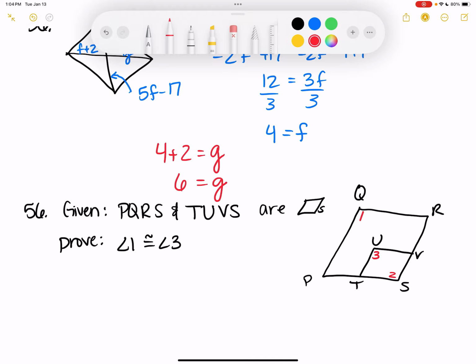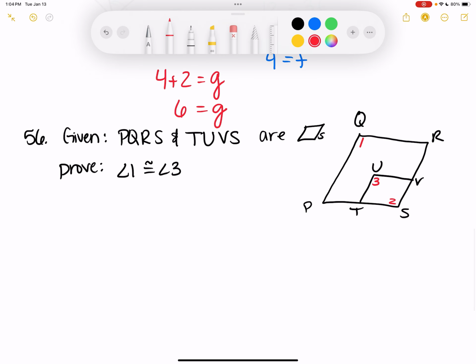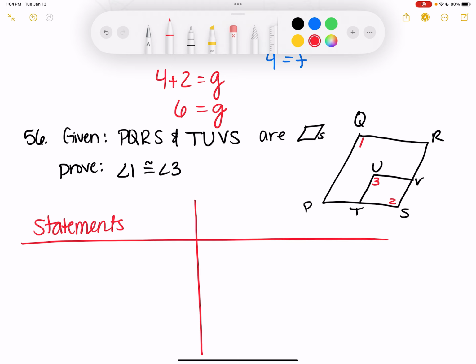This one is obviously a parallelogram inside of another one, so it'll be a little different than the one that we had in the PowerPoint. So statements and reasons. This one isn't a long proof, so that's nice.